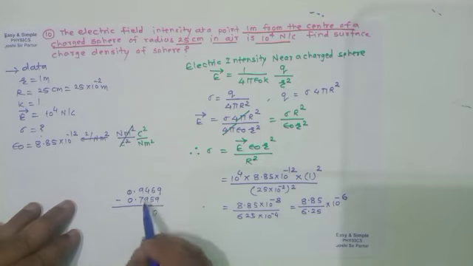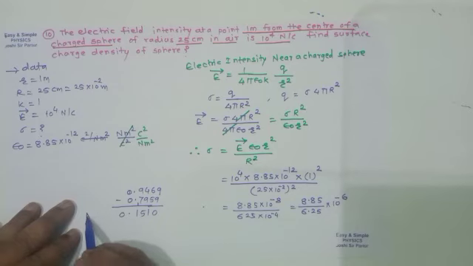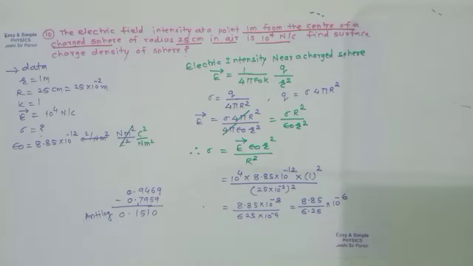Taking its antilog, the antilog of 0.15 in 1 will be 1.416.